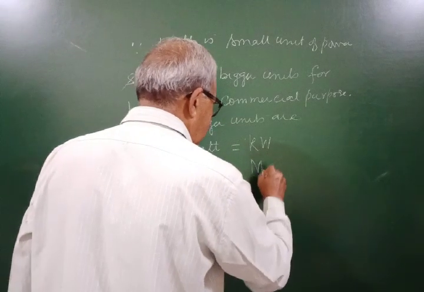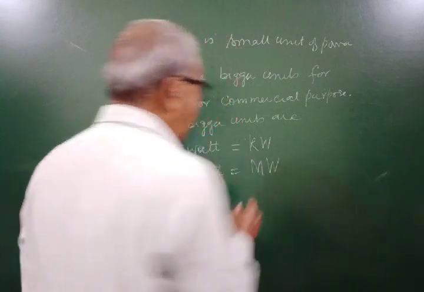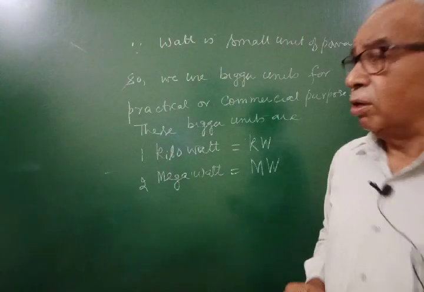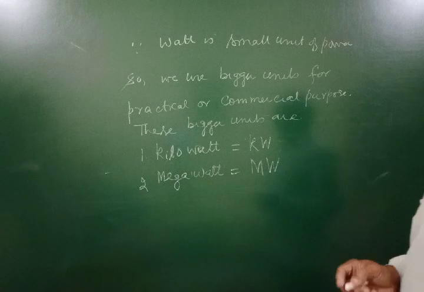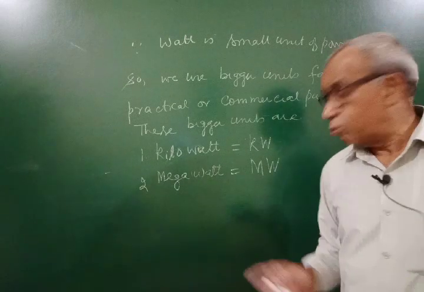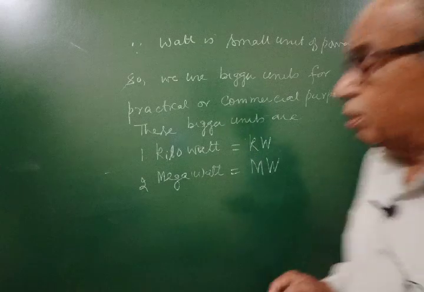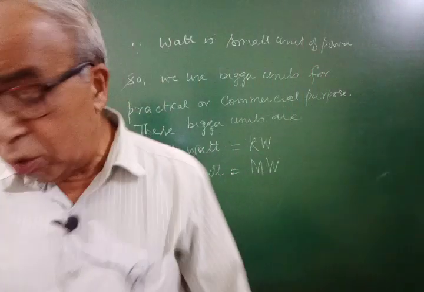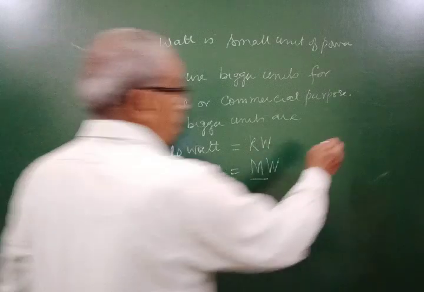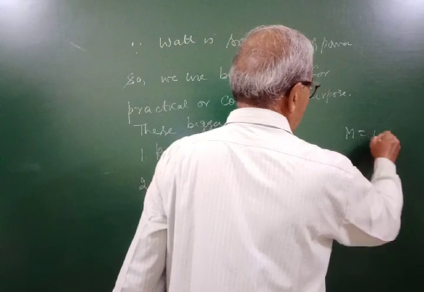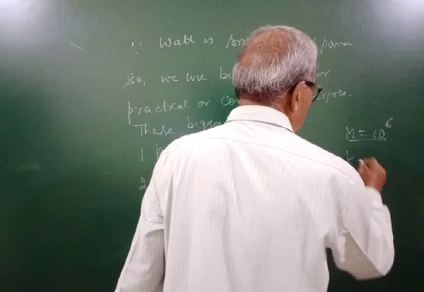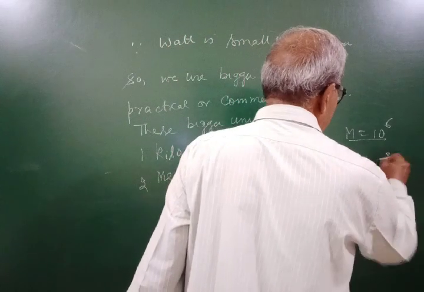Capital M, capital W. If you write a small m here, it becomes milliwatt. So please be careful when you are writing units. The letters used should be carefully written. Capital M, mega, means 10 to the power 6. This is also called million. Kilo, K, means 10 to the power 3. Milli.